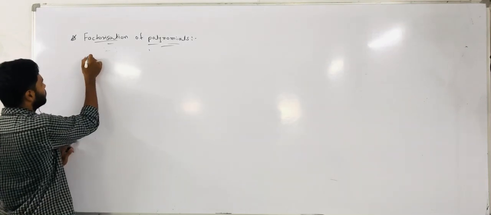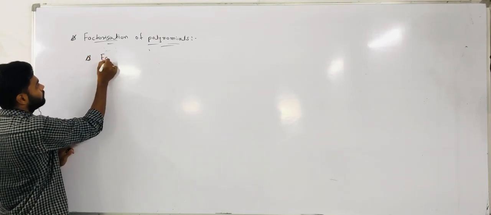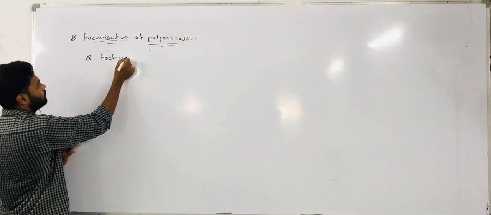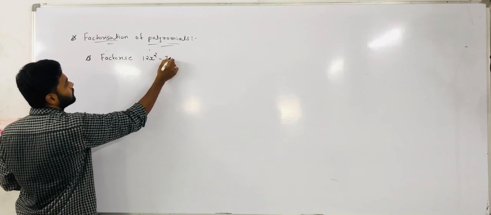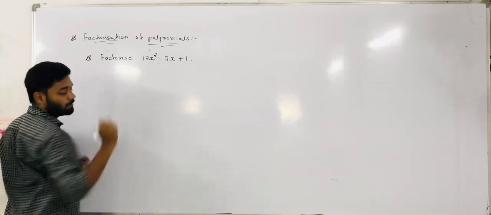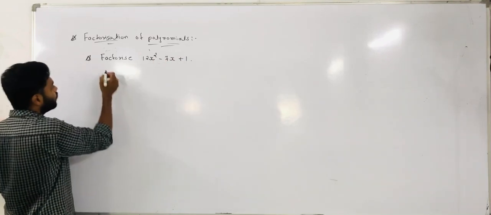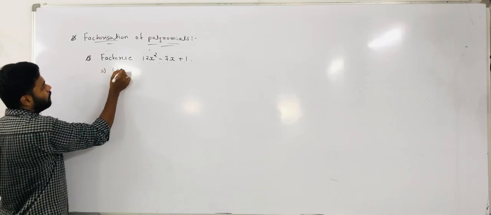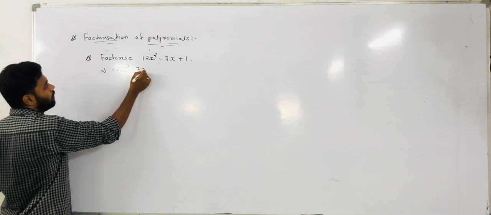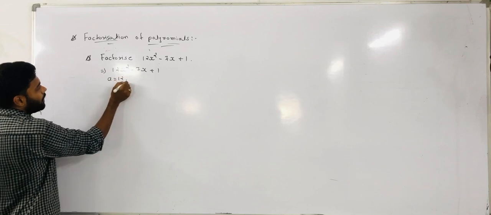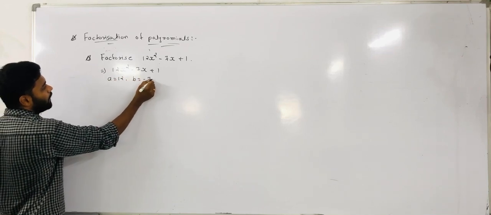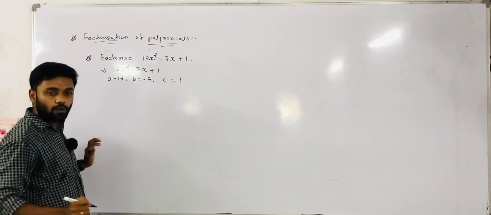Factorize 12x square minus 7x plus 1. In this case a equal to 12, b equal to minus 7, and c equal to 1.